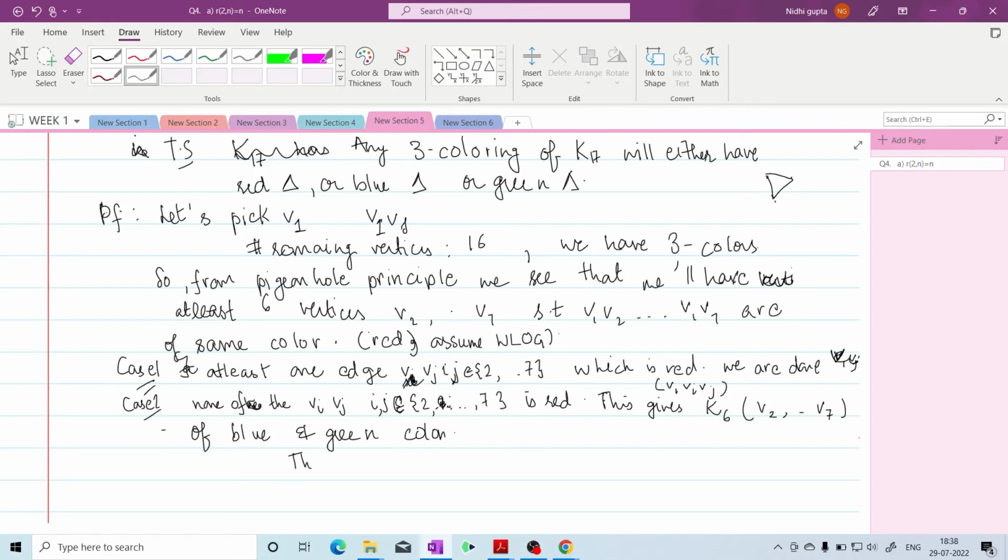Then from part B, we'll have a K3 of blue color or a K3 of green color.